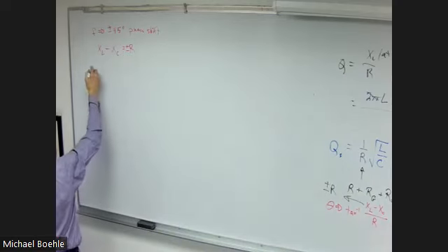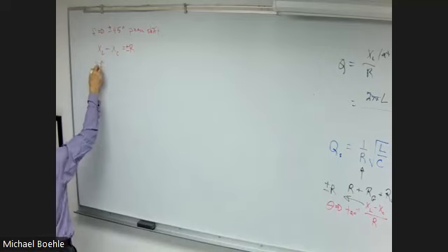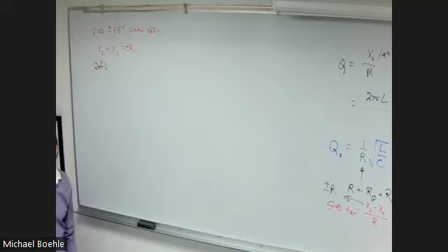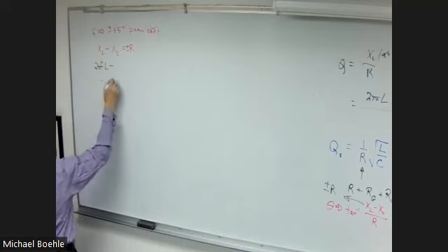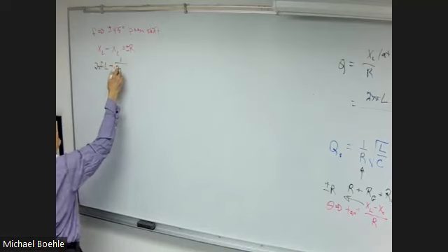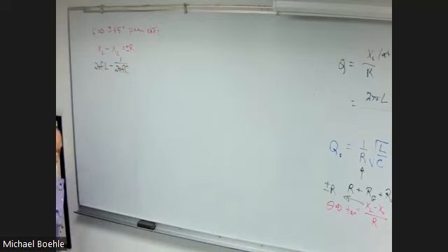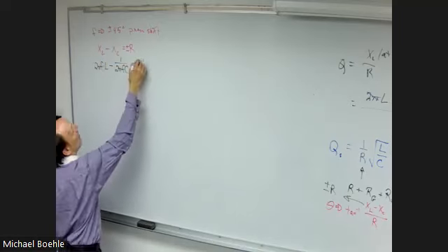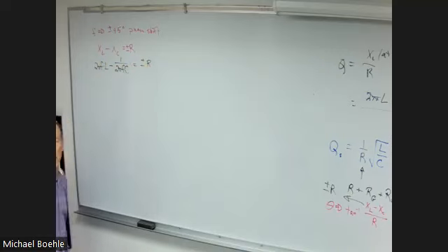It is 2 pi frequency times inductance. What is capacitive reactance? 1 over 2 pi frequency times capacitance. And that will equal plus or minus R. So this is what I need to solve for: F, the frequency. This will be our cutoff frequency.